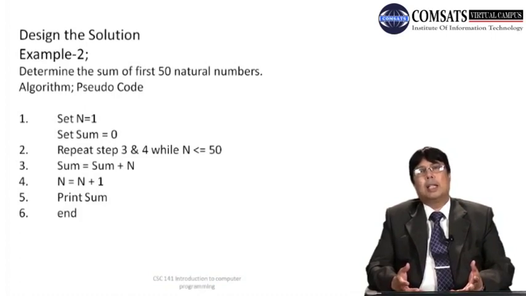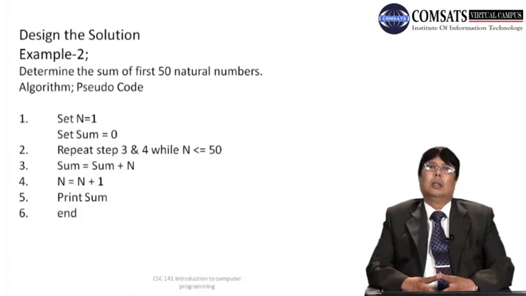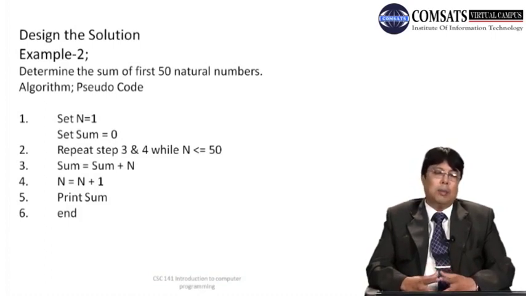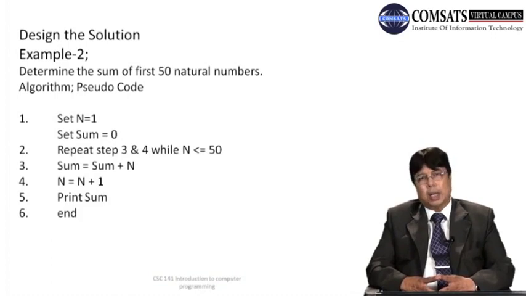Now you can access that number by using the name that you have given, n. Similarly, we have defined another variable जिसको हमने नाम दिया sum. I'll come back to this maybe in the next lecture when I will discuss the data types.